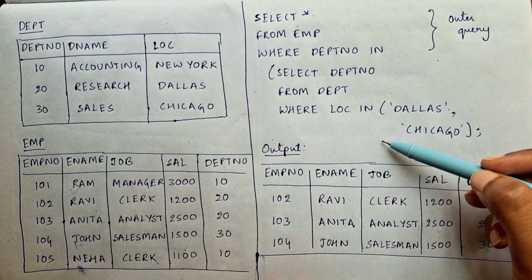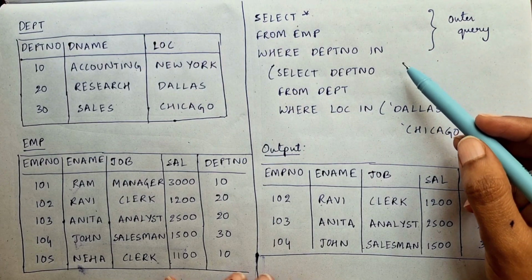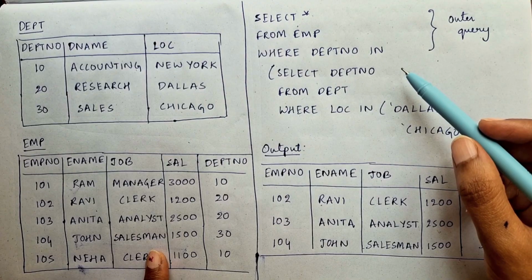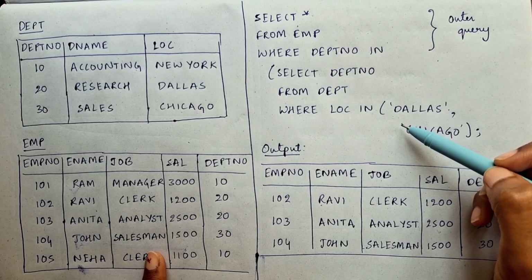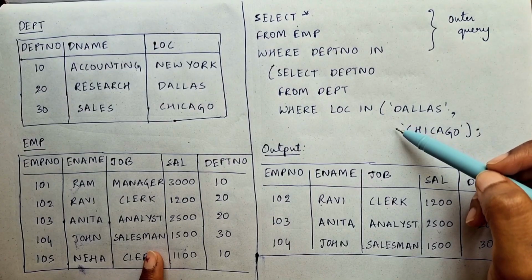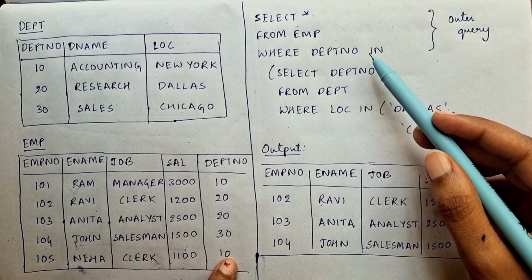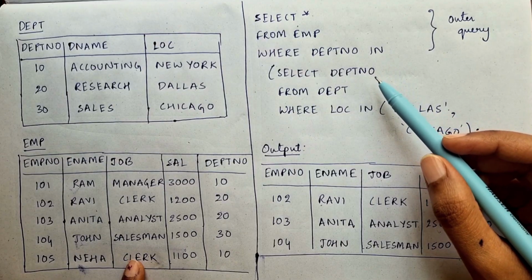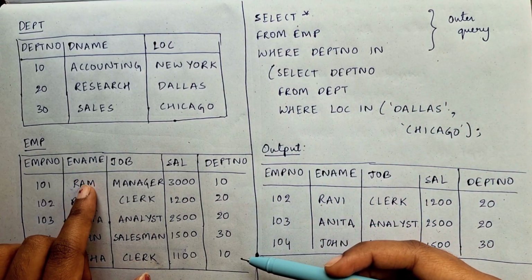This is the whole query, guys. And this is the outer query which works on the EMP table. The subquery gives the result, that is department numbers 20 and 30, to this outer query. The outer query checks the EMP table and looks at the department number column for each employee.